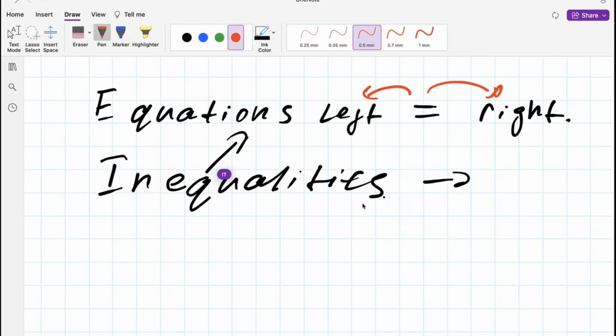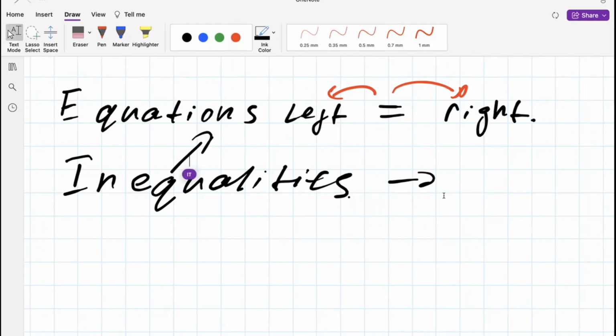In the case of inequalities, you may have one solution, you may have 100 solutions, you may have an infinite number of solutions. So in inequalities you have a broad range of possible solutions, while in the case of equations you have a specific number of solutions.